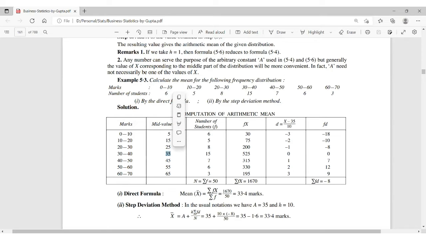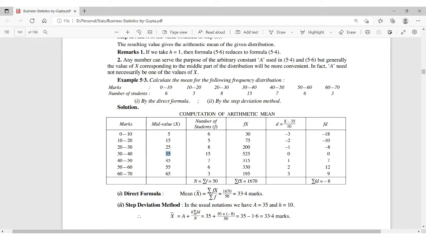Now 35 is centrally located. We take this as the assumed mean. A is called the assumed mean. From the x values we can choose any number, 5, 10, 25, 65, whatever.